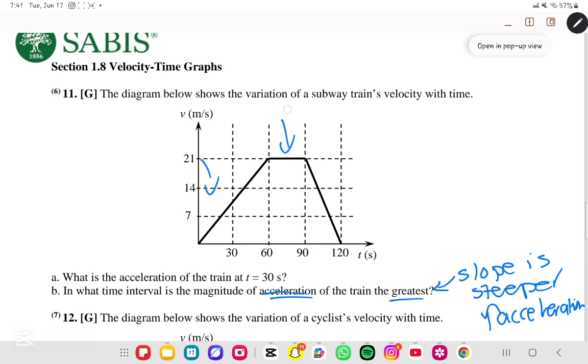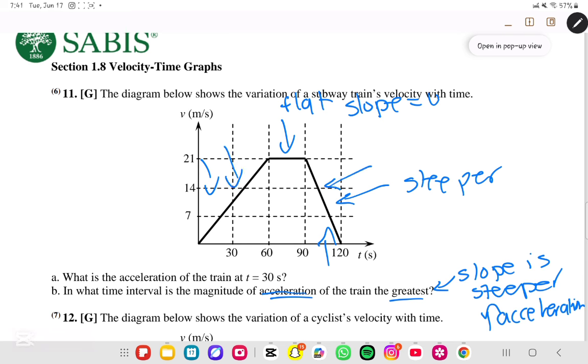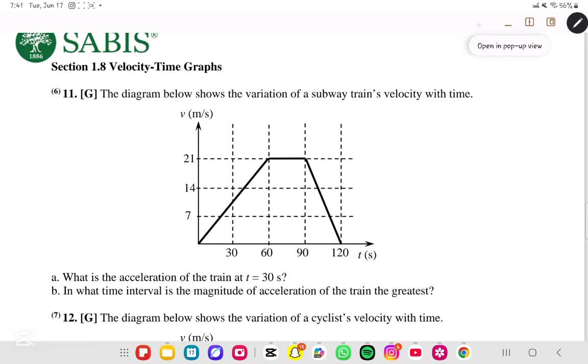This is flat, so the slope is equal to 0. But this one is steeper. If you calculated the slope of this one, it would be a greater value than the slope of the other one. So definitely this one has a greater magnitude of acceleration because it has a steeper slope. So for part B, the time interval is from 90 seconds all the way until 120 seconds.